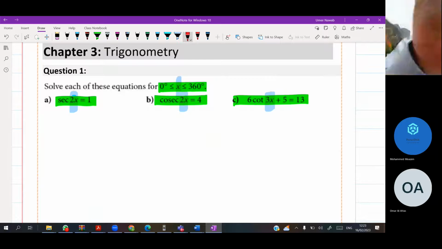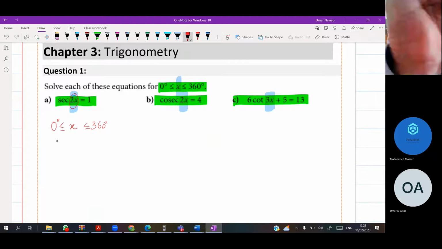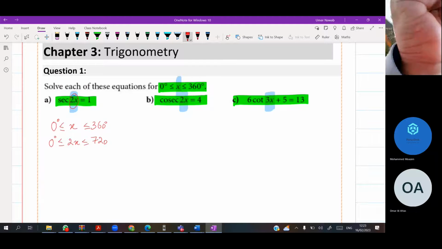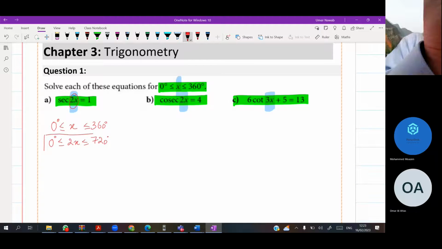I need to redefine my domain. You agree with that? He gave you from 0 to 360. Since I have here 2x, I need to multiply every number here in the inequality by 2. So it gives me 0, 2x, and then 720. So you will find all of your answers in this dummy domain.